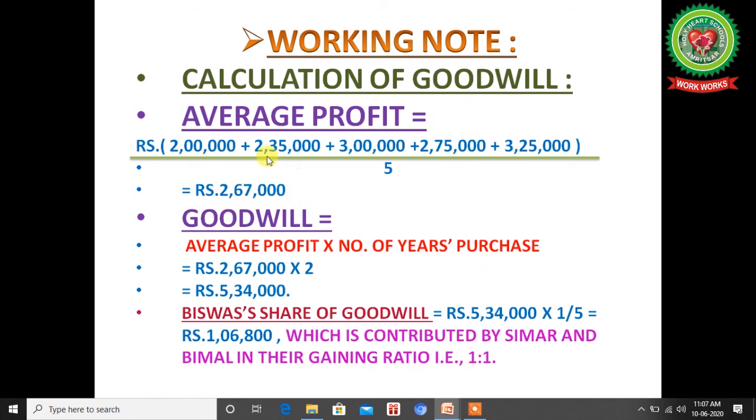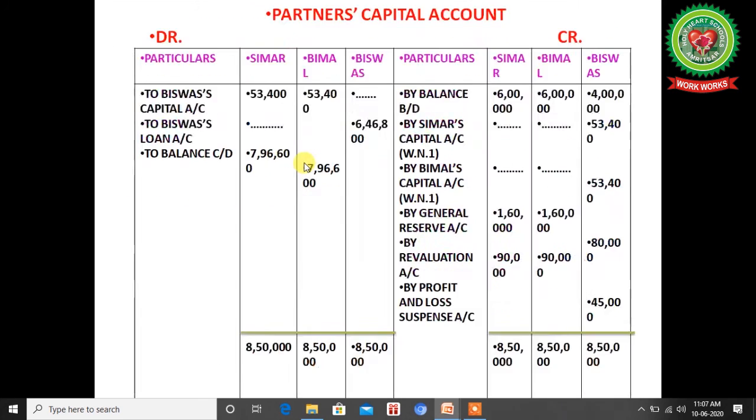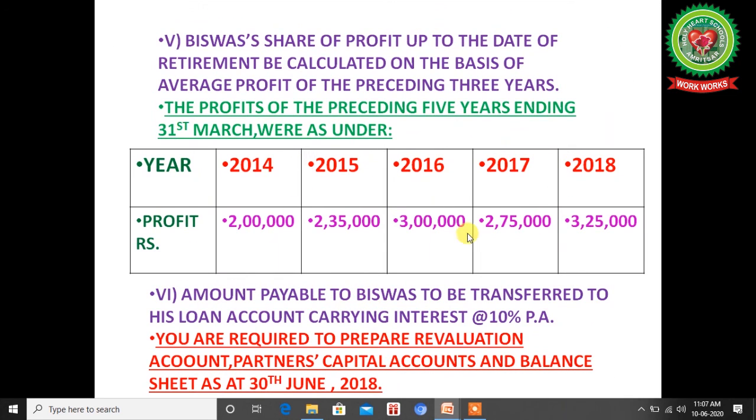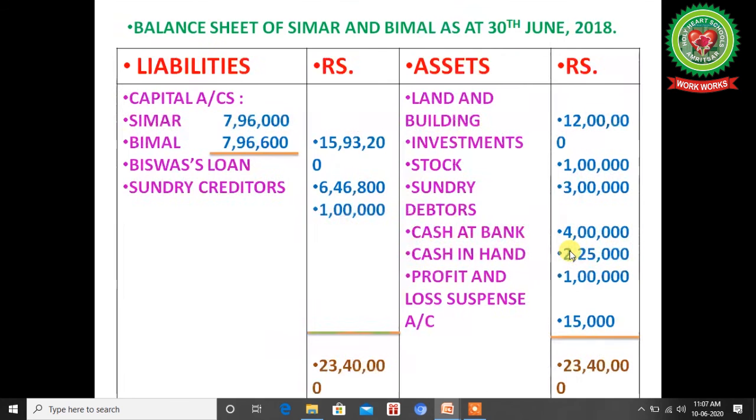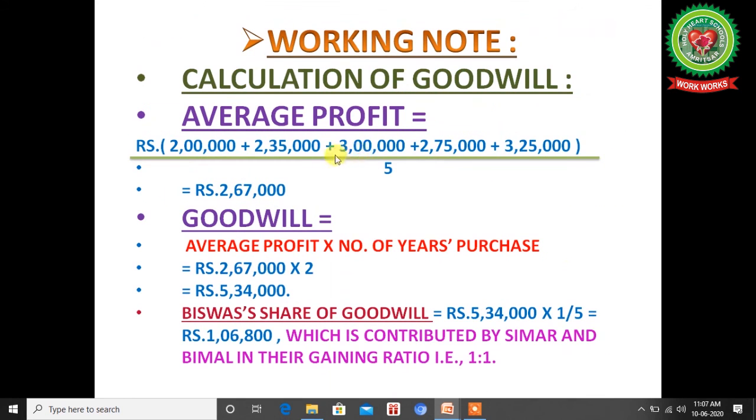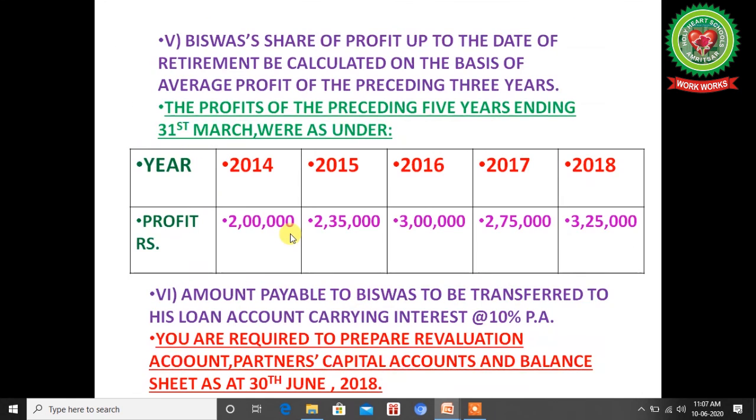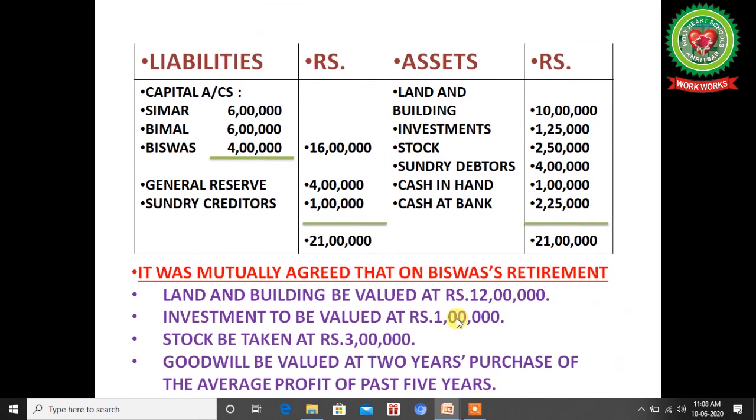Calculation of goodwill. Average profit is given to you. See the profits of 5 years: 2 lakh, 2 lakh 35,000, 3 lakh, 2 lakh 75,000 and 3 lakh 25,000. Total profits of 5 years divided by the number of years, 5. So the average profit here is 2 lakh 67,000. Now find out the goodwill. In the statement it is 2 years' purchase of average profit.